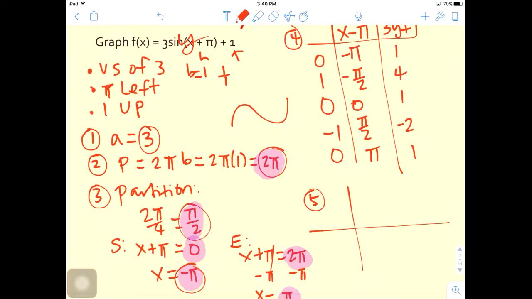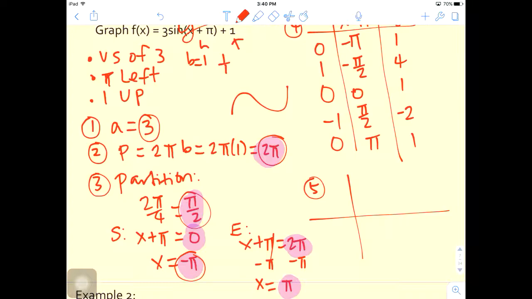Last thing I'm going to do is draw the graph. So my partitions, I could have started it earlier already with my partition. I'm going to start with pi, guys, but I'm counting by half pi unit. So here's my 5 points. So that's negative pi, negative pi over 2, 0, pi over 2, and pi. That's the beginning. I'm starting here, and I'm ending here. So the coordinates for the amplitude, I need to make little marks here so I know where to go.